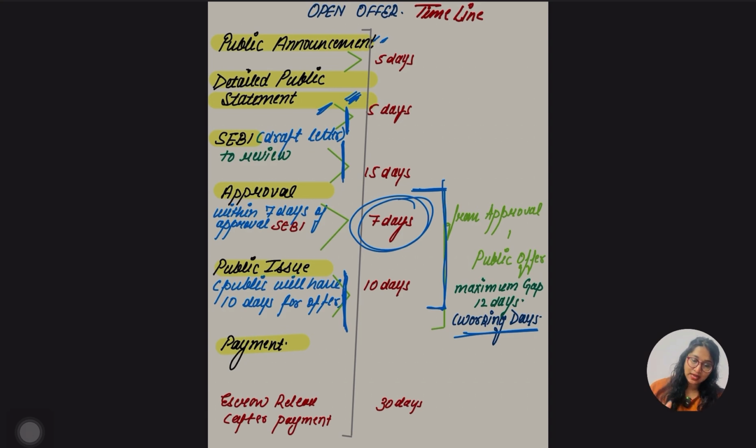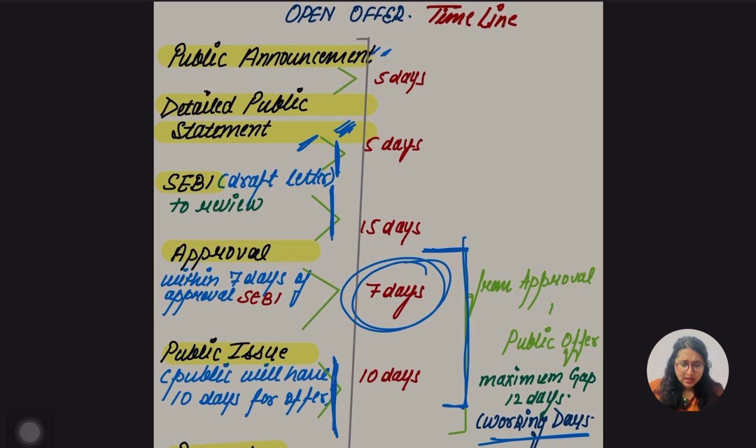So what was the time limit for the open offer? As I told you, once this open offer is done, first the public announcement is made. Then within 5 days the detailed public statement is to be released.